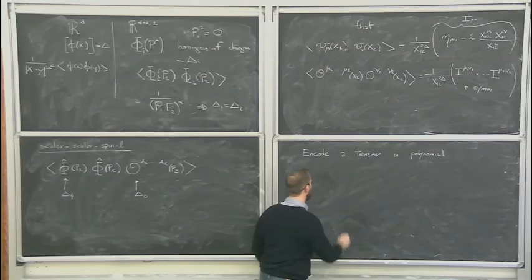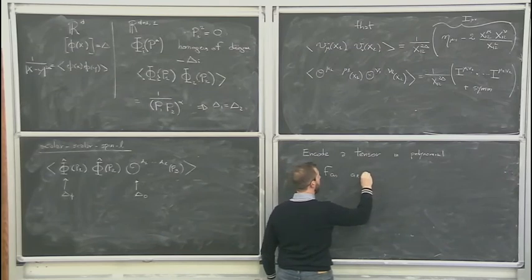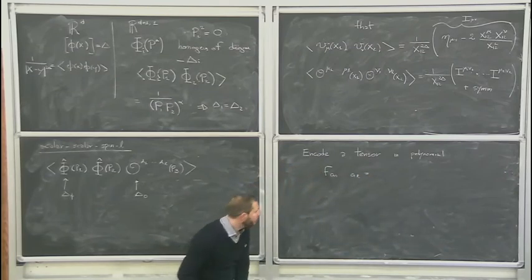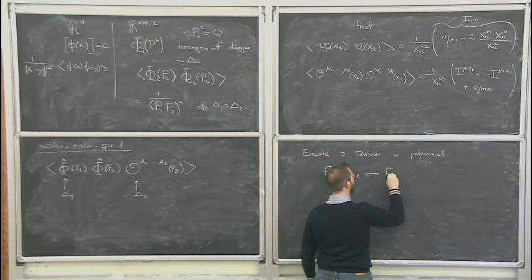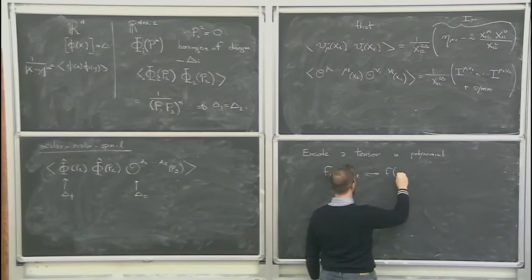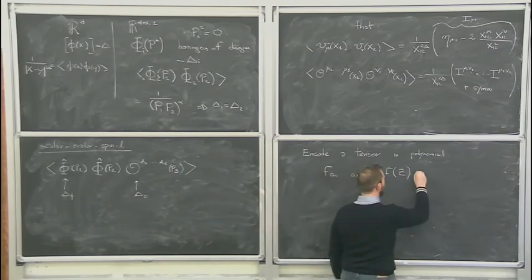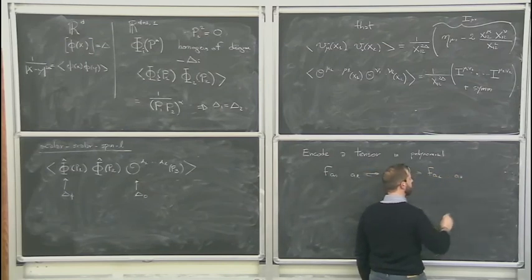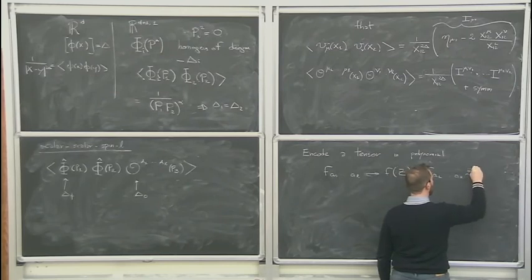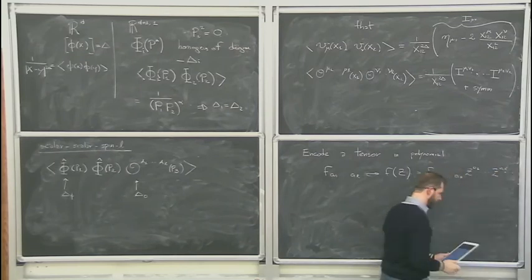And the way to do that, if you have a tensor, let's call it F A1 through AL, you can contract all the indices with some polarization and define what is called f of z, which is simply f A1 through AL, z A1 through z AL.